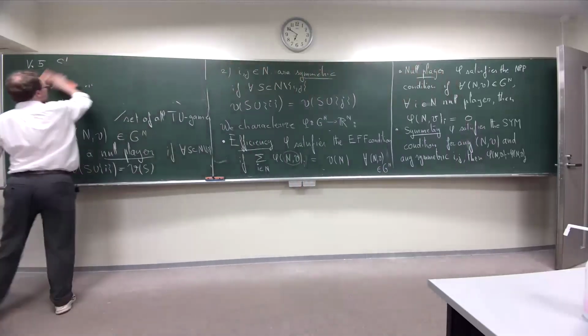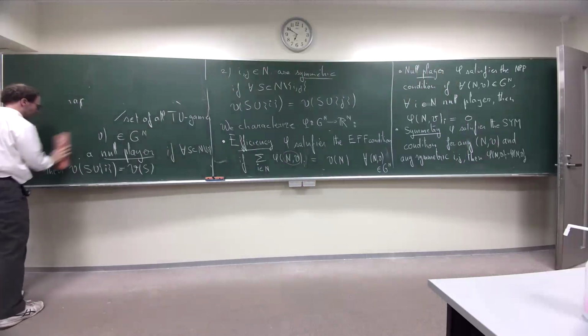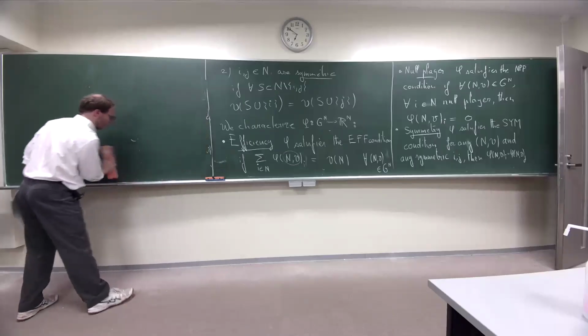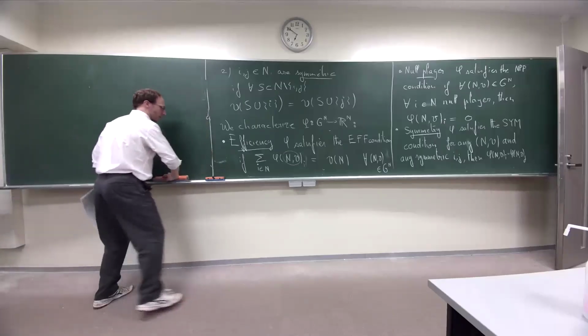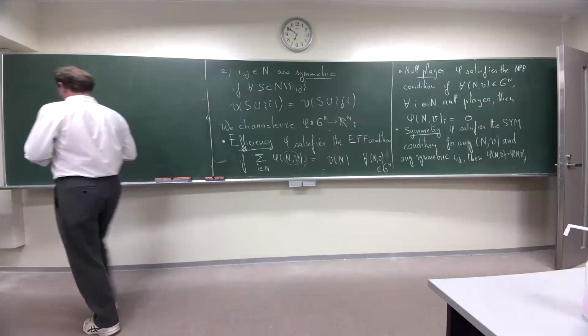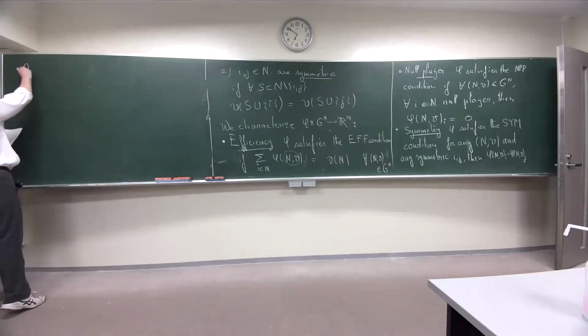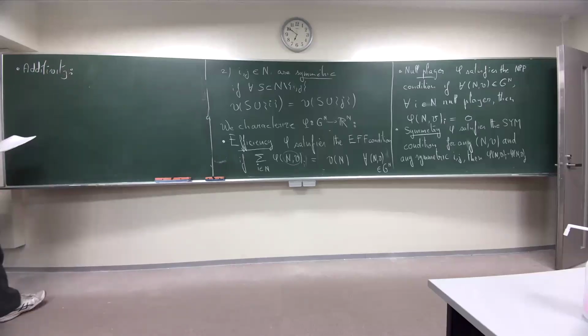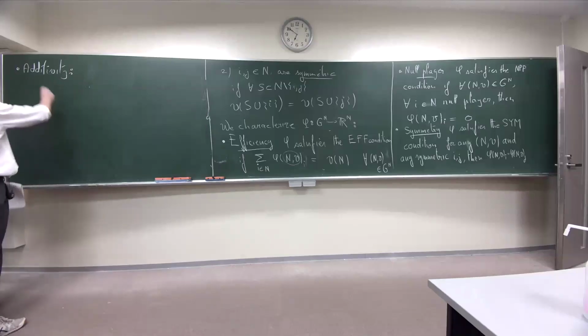And the last condition, or the last definition, these are not conditions, these are definitions so far. The last one is called the additivity property, which is more difficult to justify, but it's quite natural.